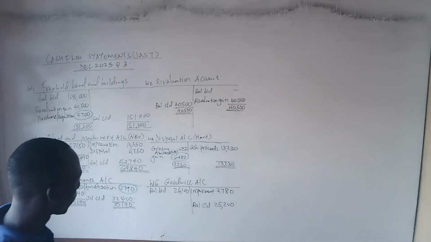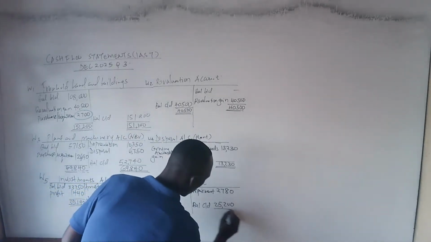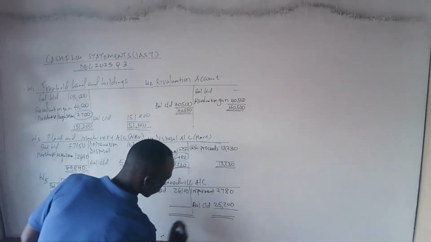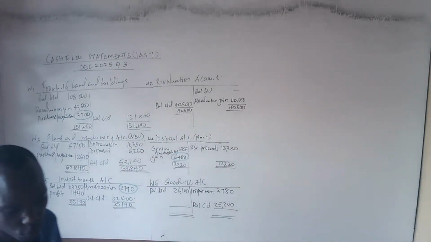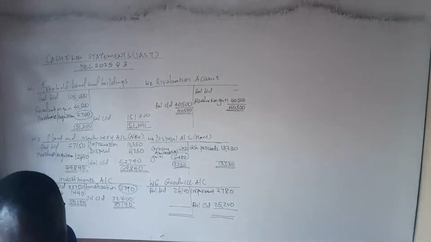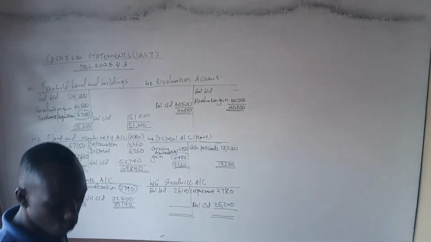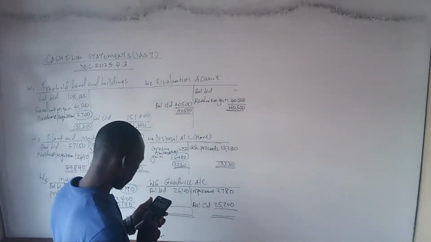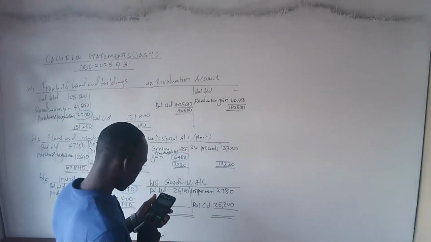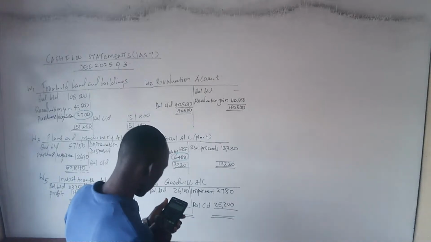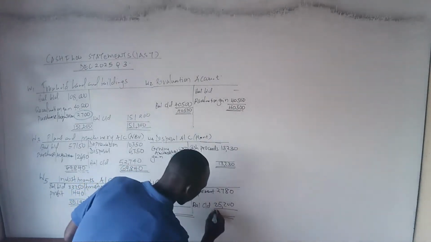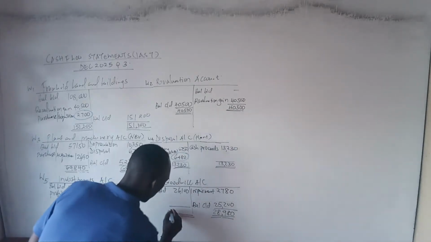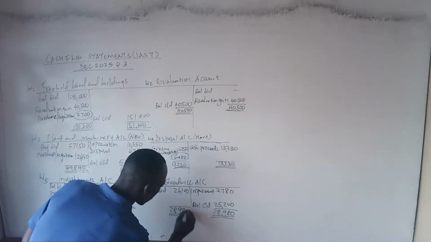Then let us see whether there was a new acquisition of goodwill. We want to balance this account. In this case, we take 3,780, then we add 25,200. Therefore, we are going to get 28,980, and also here we have 28,980.